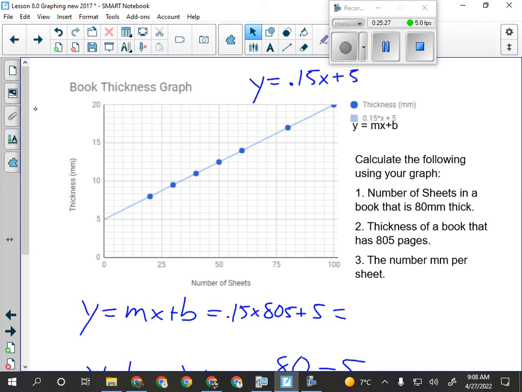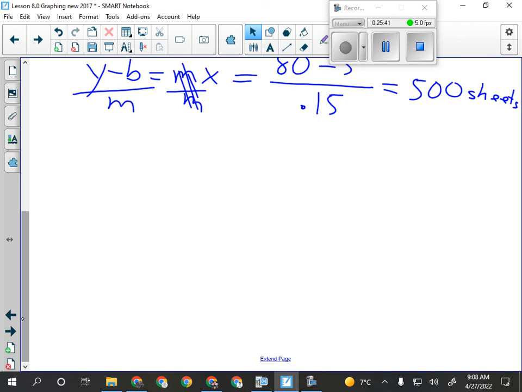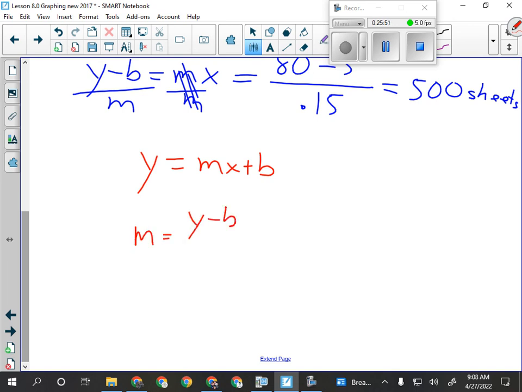m. m is the slope of the line. Okay, and the slope tells me that every sheet is 0.15 millimeters. Okay, millimeters per sheet. Here's how I get that. Okay, so if I've got y equals m times x plus b, and I solve for m equals y minus b over x.